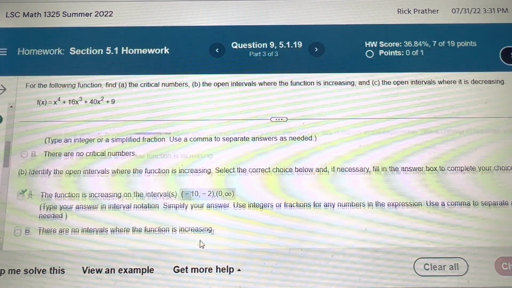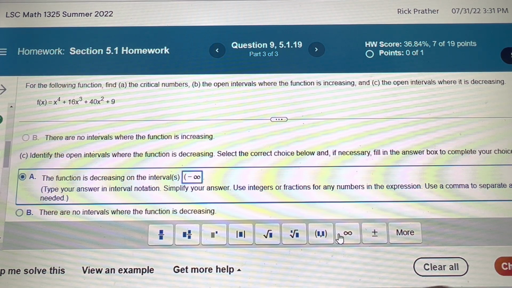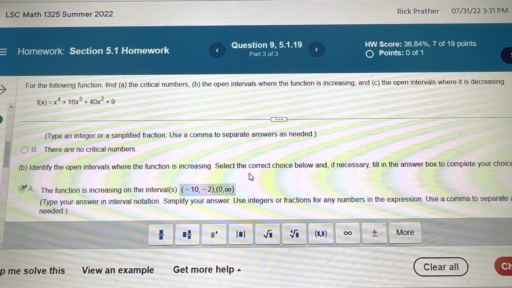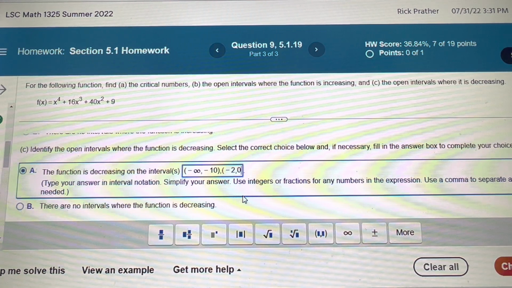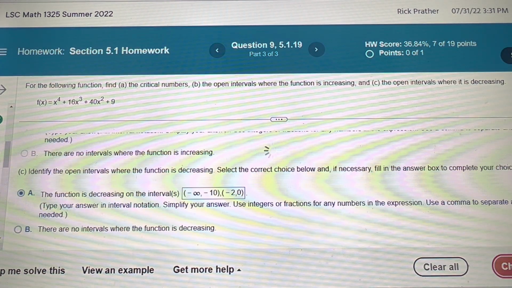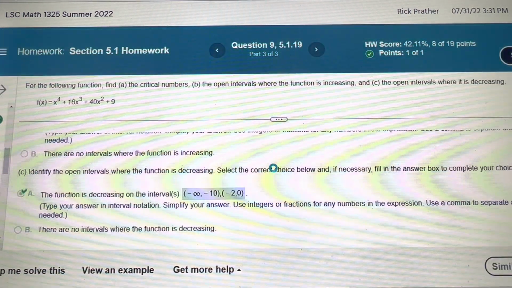And then I'm decreasing from negative infinity to negative 10 and between negative 2 and 0. These x to the fourth original graphs look like a W shape, so that's why it does that. They often do anyway.